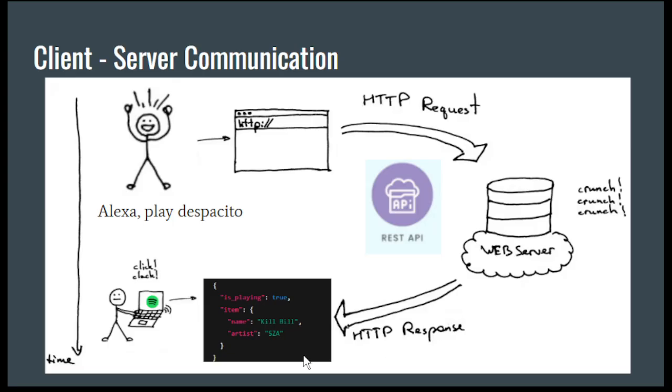Spotify takes action on this computer, right? Obviously, this is just the example. It's not actually going to play Kill Bill by SZA. It's going to play Despacito if you ask for Despacito. Spotify will receive the request. It'll update your playback state, and then your speakers will just start playing the song. And with only information as small as this. And that's really REST APIs in action.